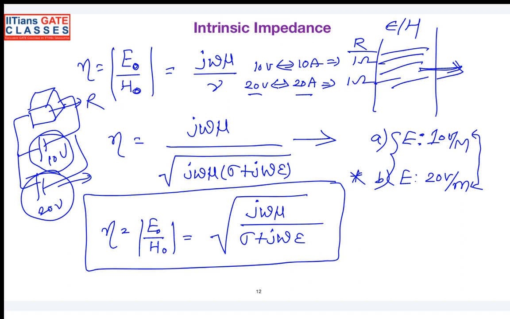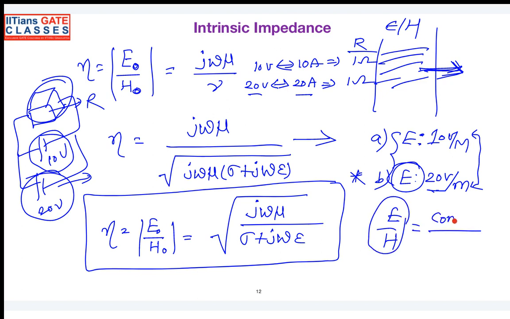So the point here is very simple. The voltage and current cannot influence the resistance of the conductor. In the same fashion, if you pass more electric field, it doesn't impact the impedance of the medium. If your electric field increases, proportionately your magnetic field also will increase, making sure that the ratio of E by H always maintains a constant value.